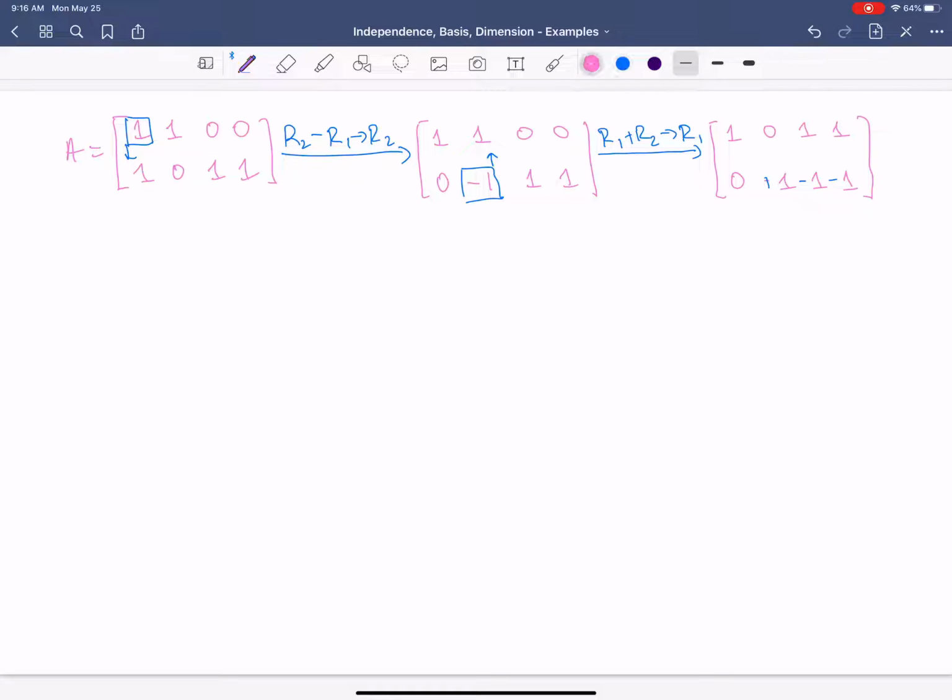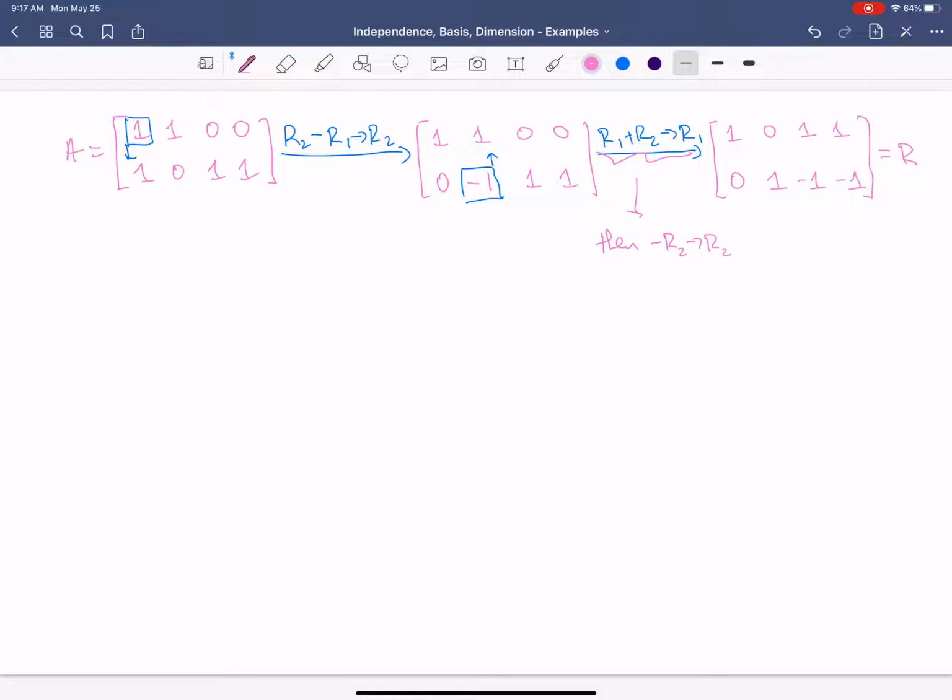So that would be my reduced row echelon form of A. Right, that's the matrix R. And just so these pluses and minuses don't confuse us, I'm going to rewrite them. So you first do this operation, and after that, minus R2 will go into R2, and we're going to get a 1, a -1, and a -1.